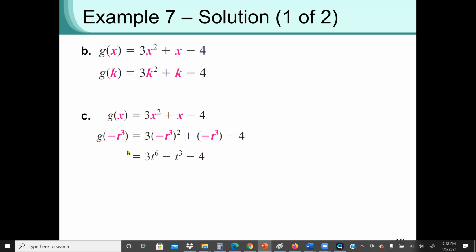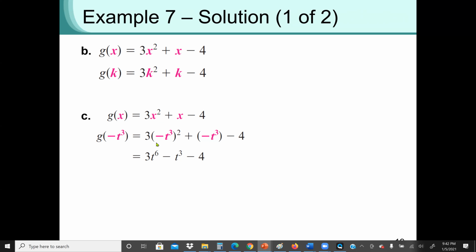Now we have c, where g of x is the same equation, 3x squared plus x minus 4. Now we are looking for g of negative t cubed. Anywhere I see x, I'm going to substitute negative t cubed.